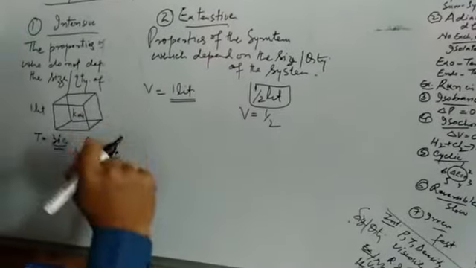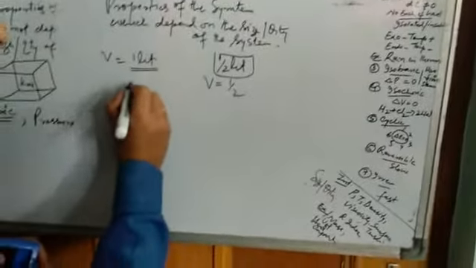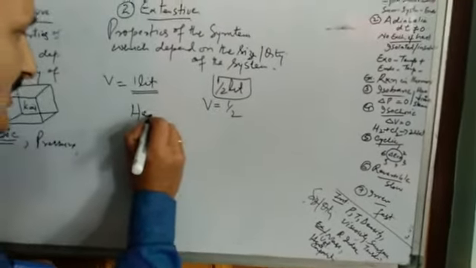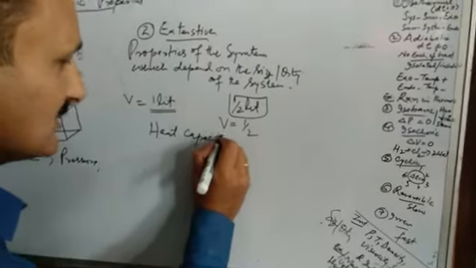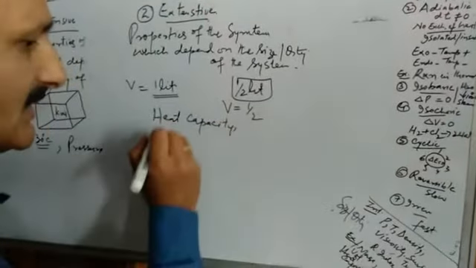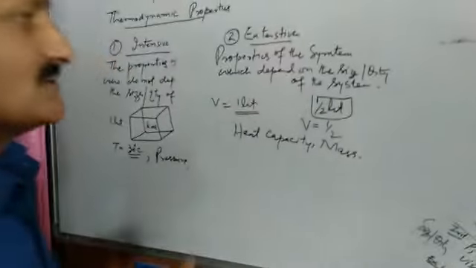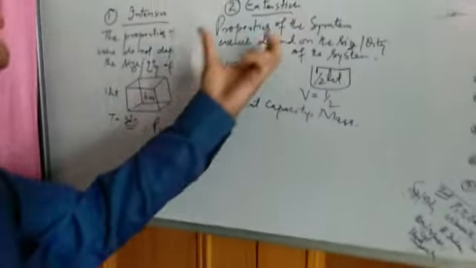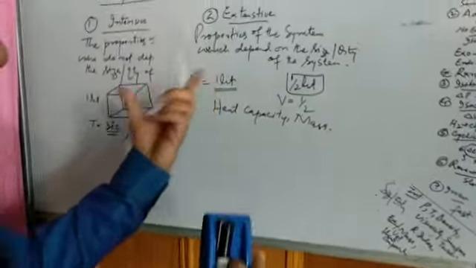For example, volume. Volume is purely an extensive property. Similarly, heat capacity is also an extensive property of a system. Then we have mass. Mass also is an extensive property of a system. So these are some examples of extensive properties of a system.